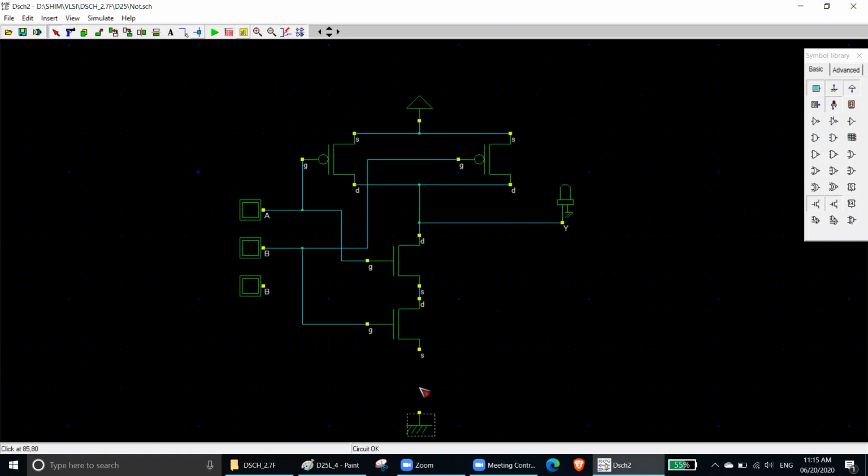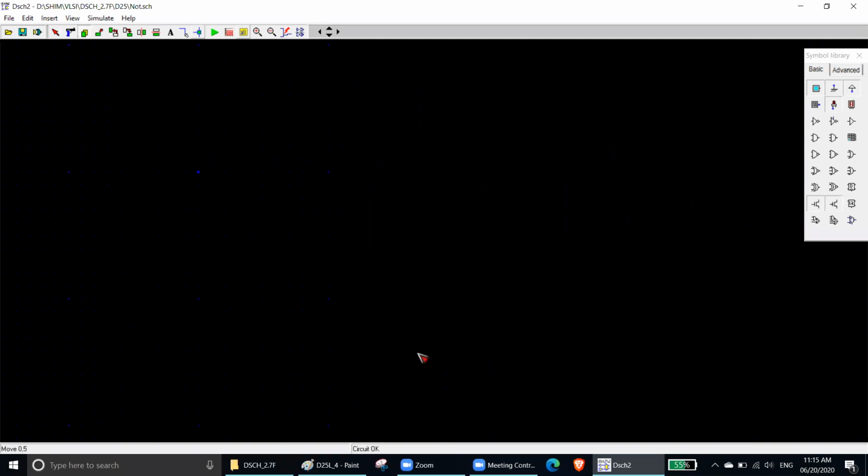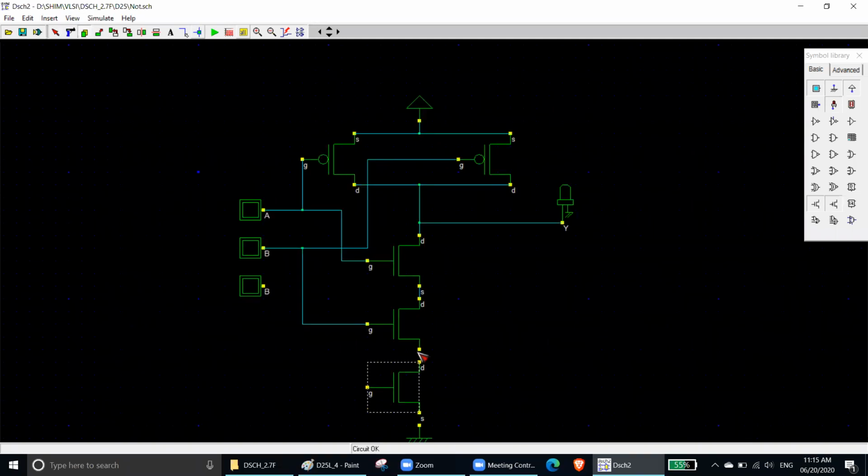Take that at the bottom. Make a copy of this one.